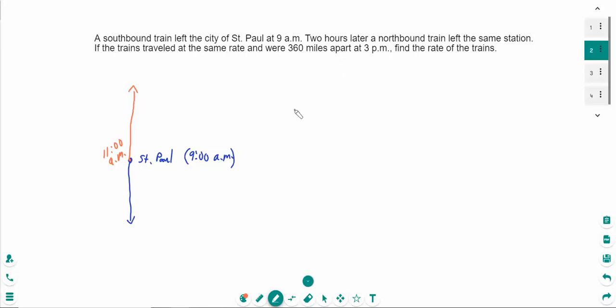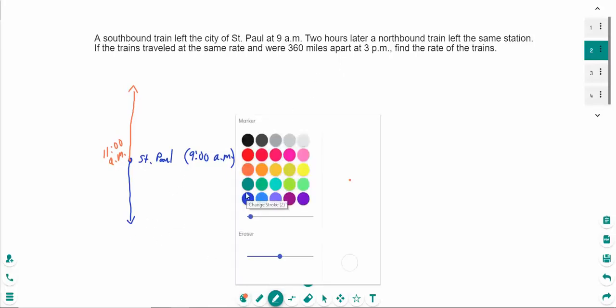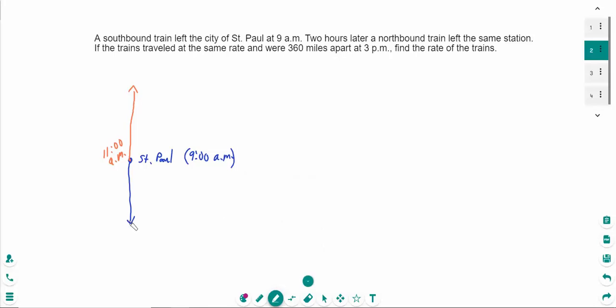Okay? So at 3 p.m., let's maybe put that in a different color. Maybe at this point, this is the point that this southbound train is at 3 o'clock p.m. Okay? And then this point here is the point that the northbound train is at 3 o'clock p.m. as well.